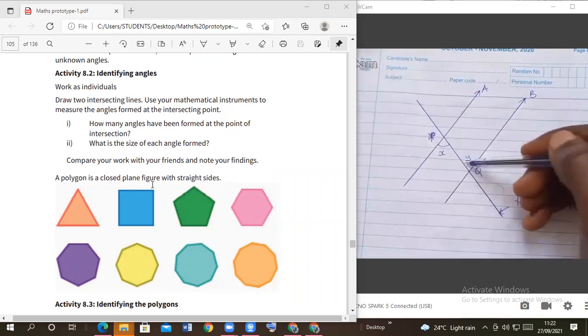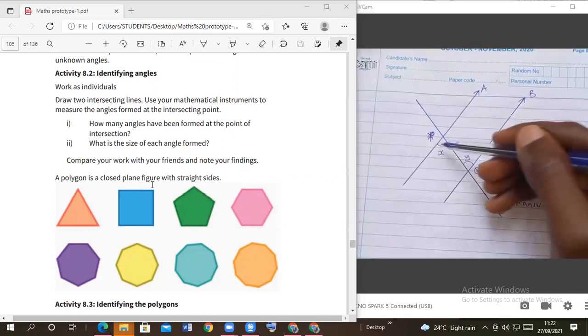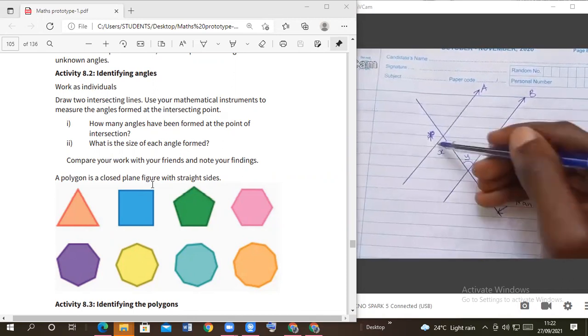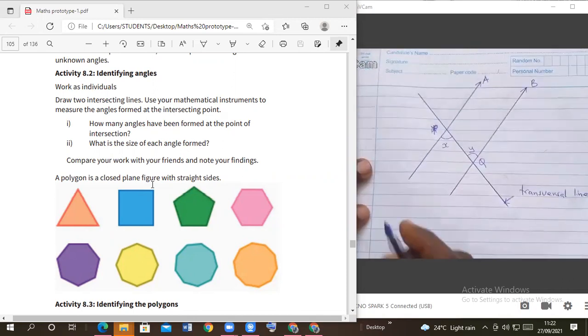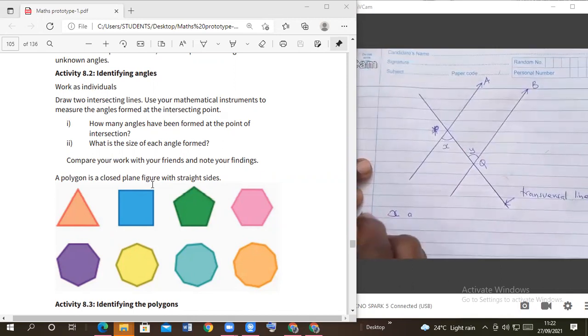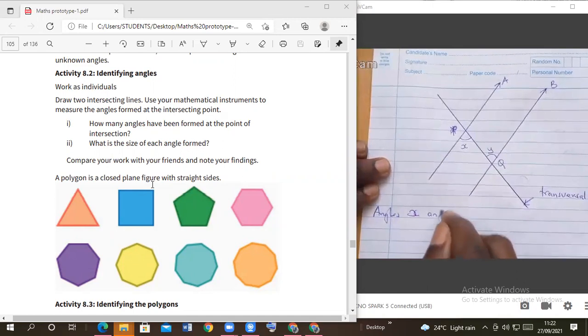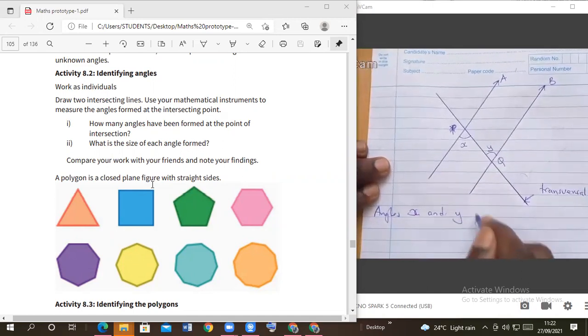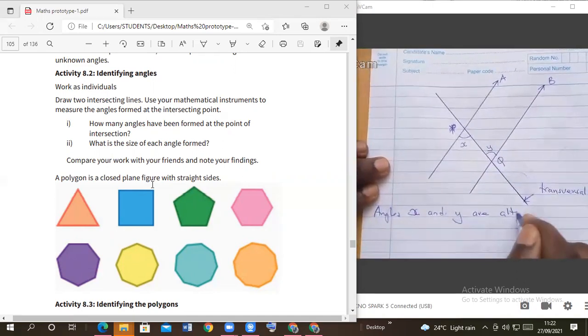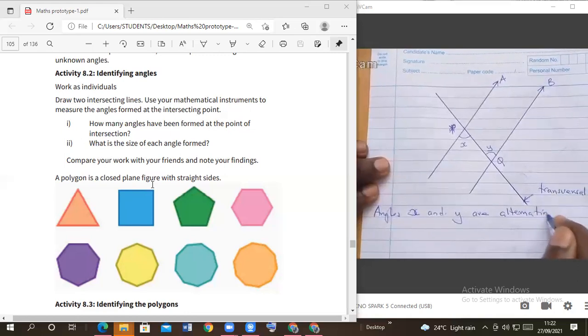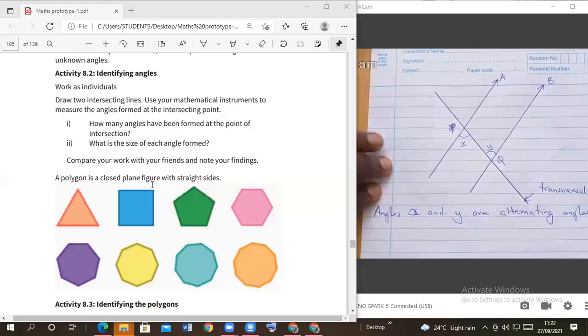They are alternating. X and Y are alternating angles.